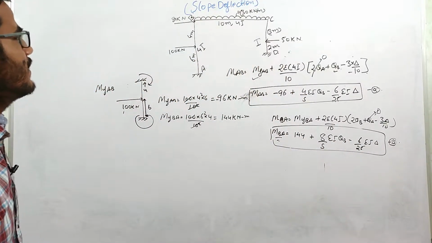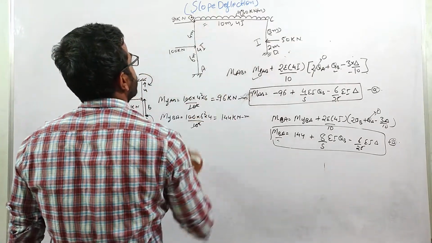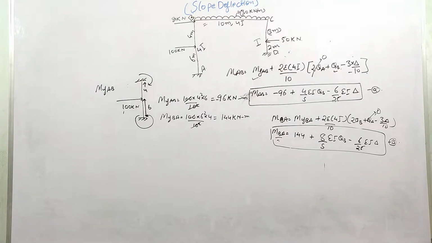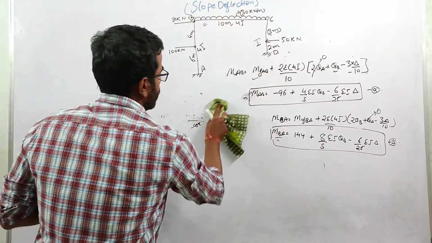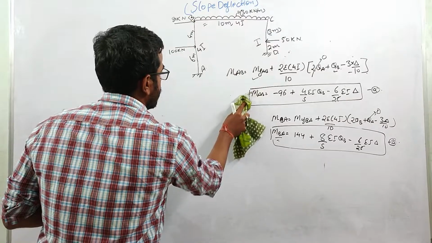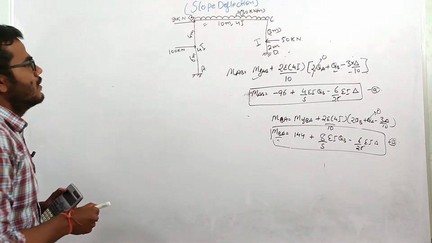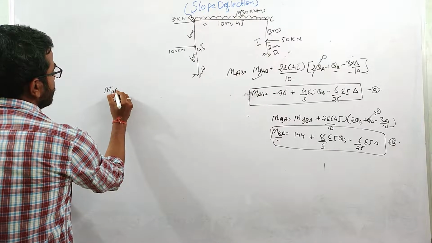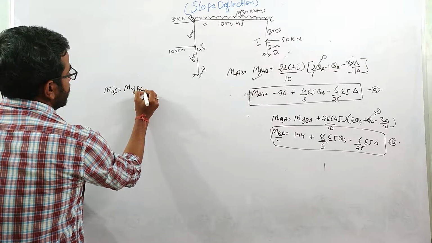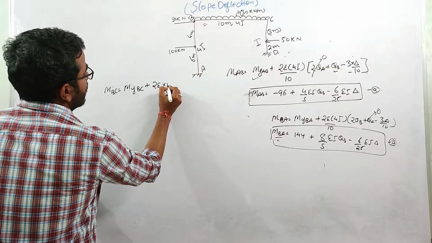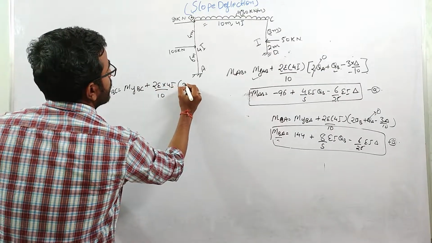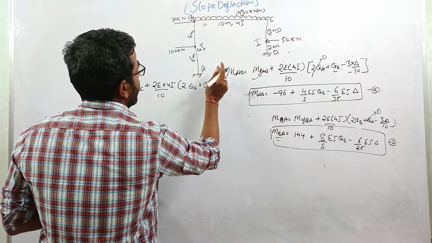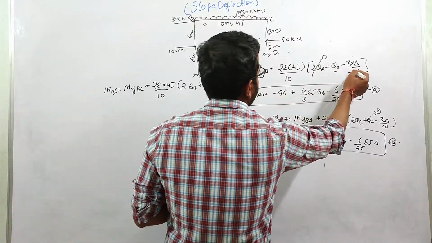Okay, now let us come to this BC member. For BC, MBC will be MFBC plus 2EI by L, and again 4I over L is 10, twice theta B plus theta C. Okay, and the delta effect won't come here for this BC expression.